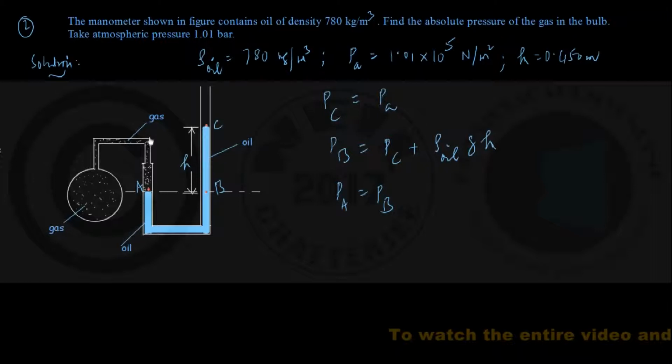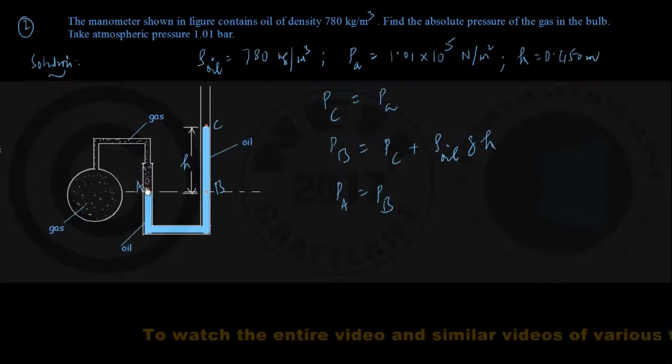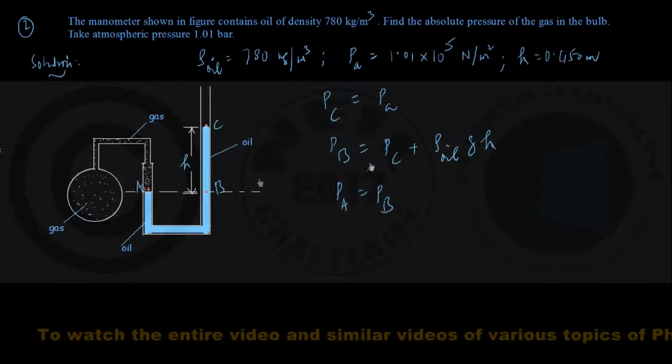I say once again, the density of gas is so small, if I choose any arbitrary point inside the gas anywhere, you follow my cursor anywhere from here to here, the difference between the heights of these 2 points will be so small that value of rho g h for that small column of gas will be negligibly small compared to the other values here.